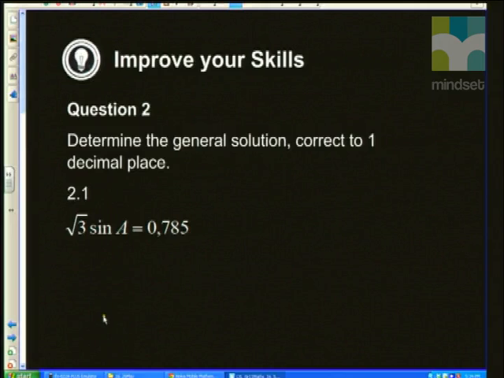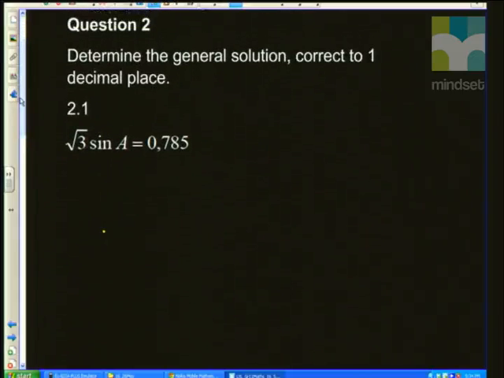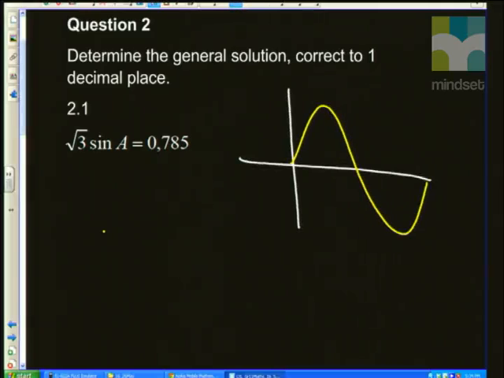Then let's look at the sine, because somebody asked about sine. I think one of the mindsetters asked, how do we find the second angle of sine? And I think the best way to show that is with a picture. Pictures tell a story. Okay, so my sine curve, if my angle is positive, my calculator is going to give me this angle.